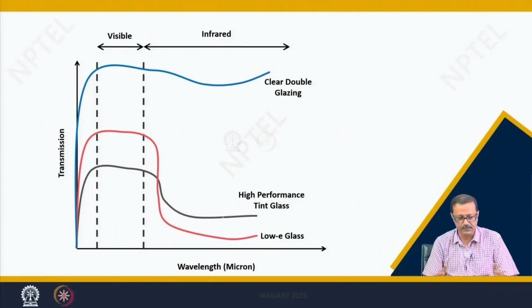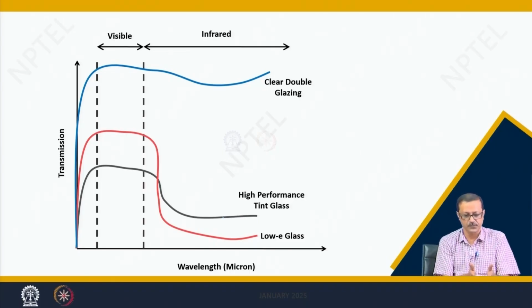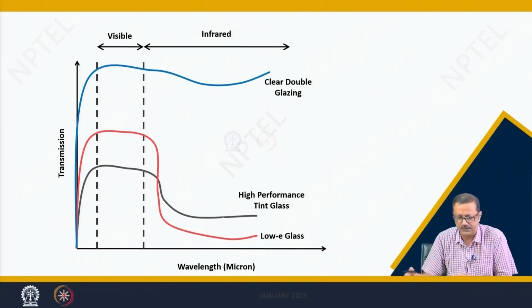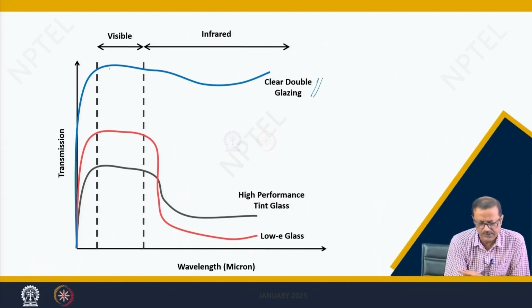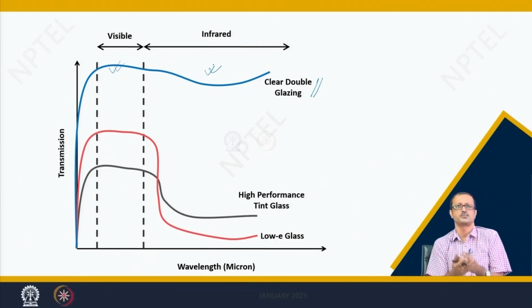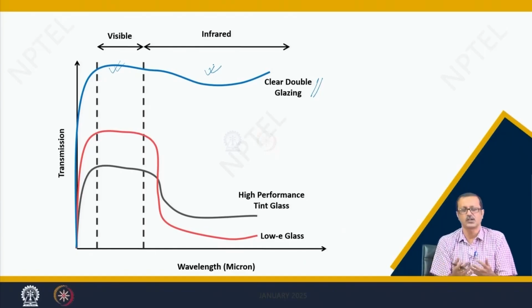This is another graph where we can see, from the wavelength point of view, the visible portion and the infrared. If you take a double glazed window glass, it has good visibility and also good infrared penetration. Both VLT and SHGC are high, which is going to bother me, because I am going to have a lot of heat gain.